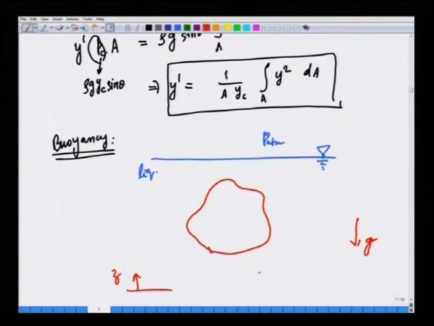This liquid has density rho. Because the liquid has a density and acceleration due to gravity is acting downwards, the pressure here is P atmosphere, and the pressure here is more. So, the pressure exerted on this side of the submerged solid surface is more than the pressure exerted on this side, because the pressure is less. This net force acting upwards is called the buoyancy force.